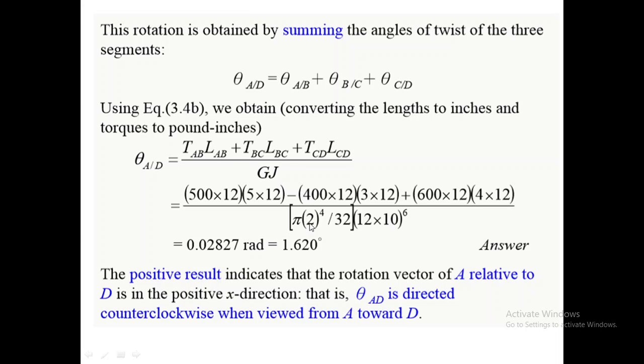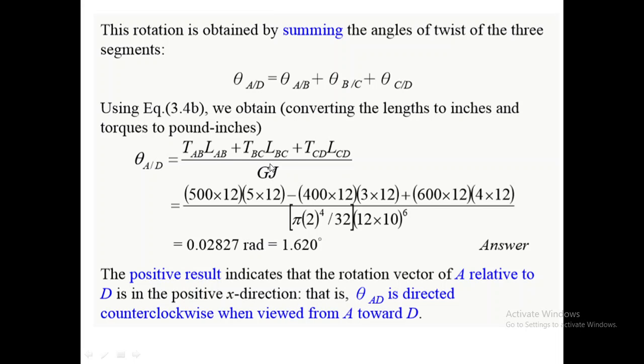Here you can see that the angle of twist of AB is TL by GJ, and the angle of twist of portion BC is TL by GJ. The equation is the same, but we will be taking different portions. Length of AB, BC and CD are different, and the torques in AB, BC and CD are different.